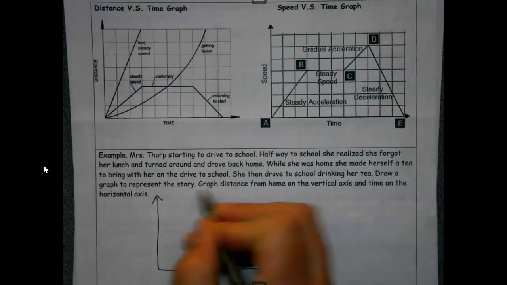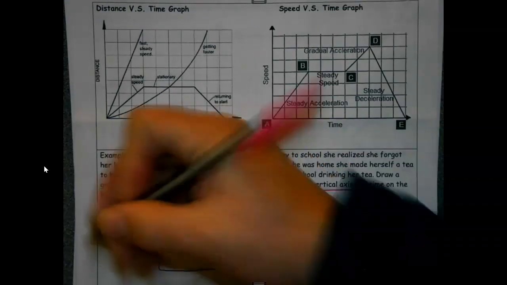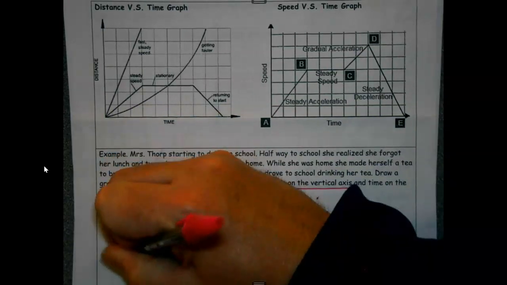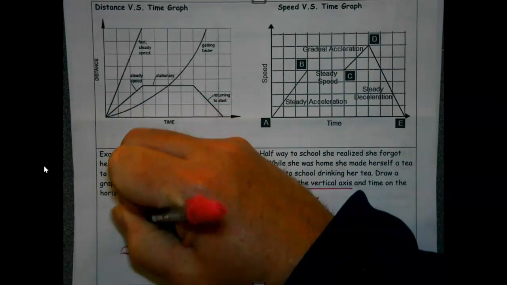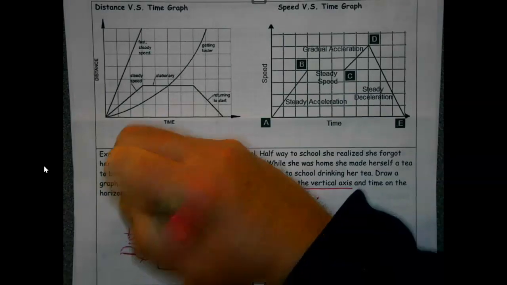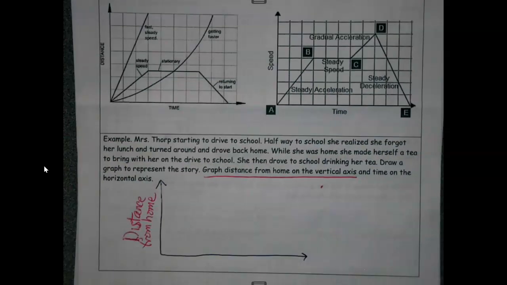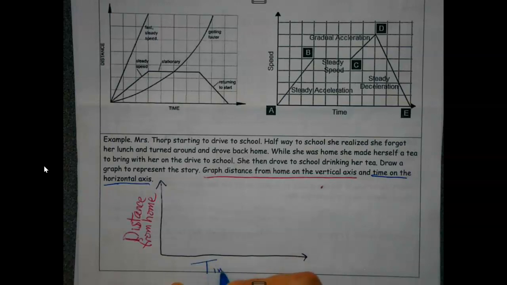Graph distance from home on the vertical axis. If my pen wants to cooperate here, just a second. Okay, so we've got distance from home on our vertical, our up and down axis, and time on the horizontal.